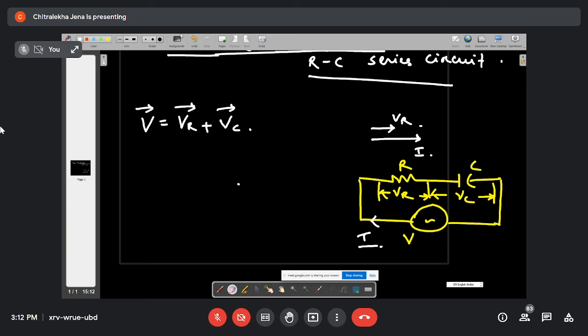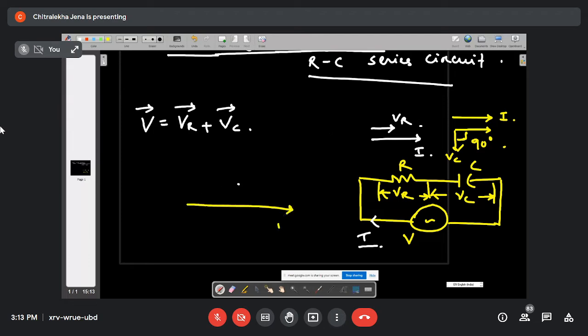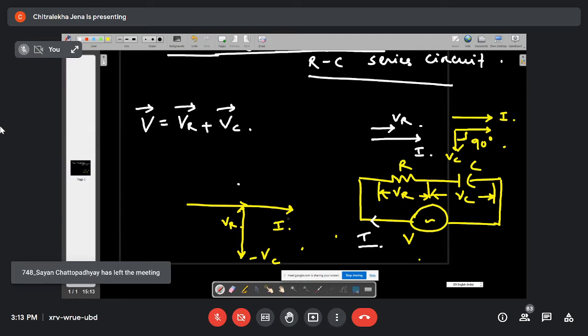The voltage is lagging the current by exactly 90 degrees. So this is your current phasor, this is your voltage across the resistor VR, and this is your voltage across the capacitor, which I am putting as minus VC because that phasor we are showing in the downward direction.